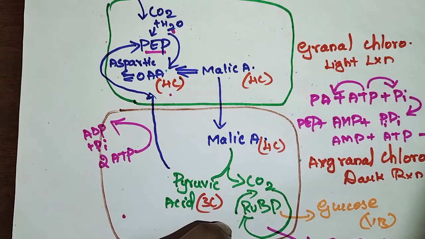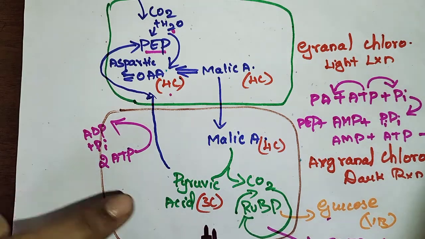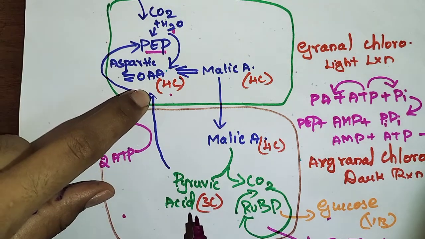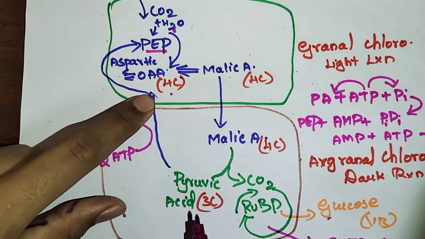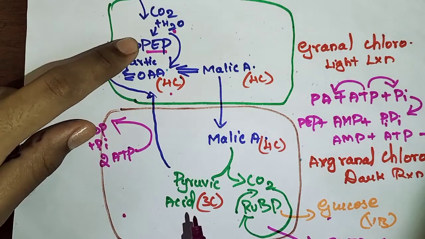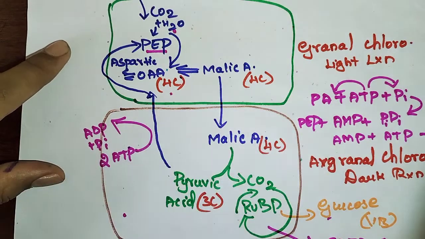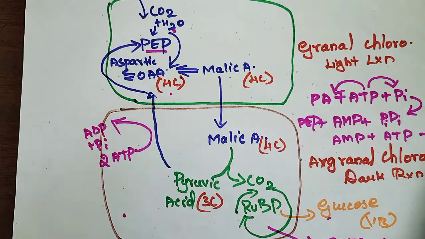Okay, this carbon dioxide is used for C3 cycle and the glucose is fixed and goes to the vascular bundles. The pyruvic acid again goes to the mesophyll cells and uses 2 ATPs for fixation of phosphoenol pyruvate. Okay, next. Okay, this is the C4 cycle simply.